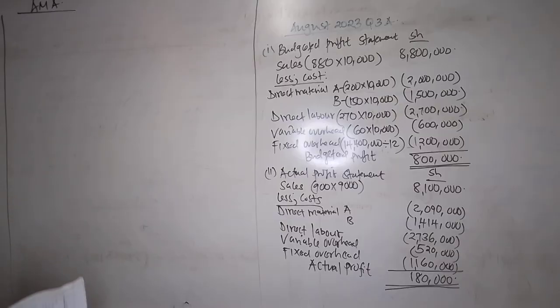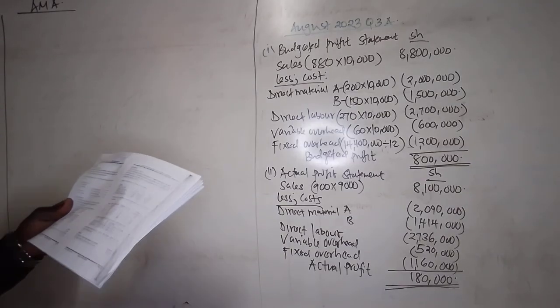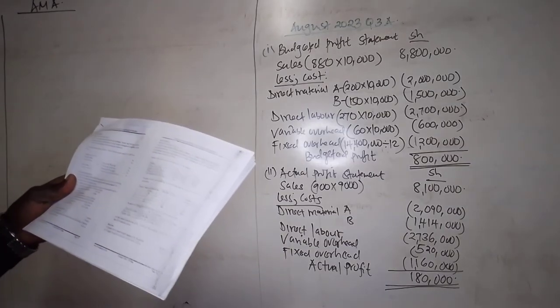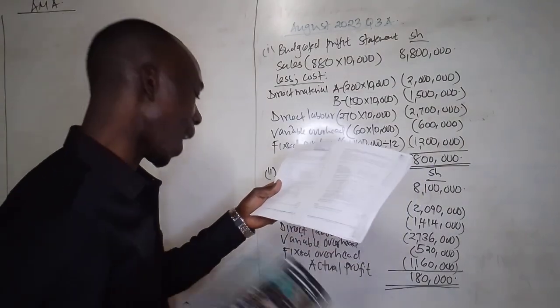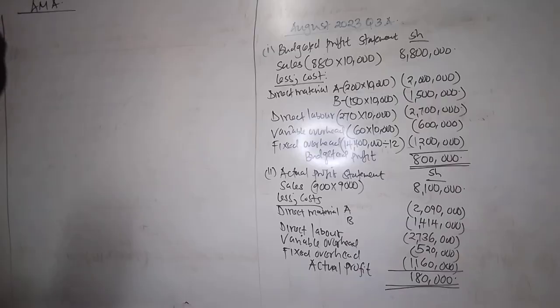So this is the question: a reconciliation statement of the actual profit and budgeted profit showing all planning and operating variances.